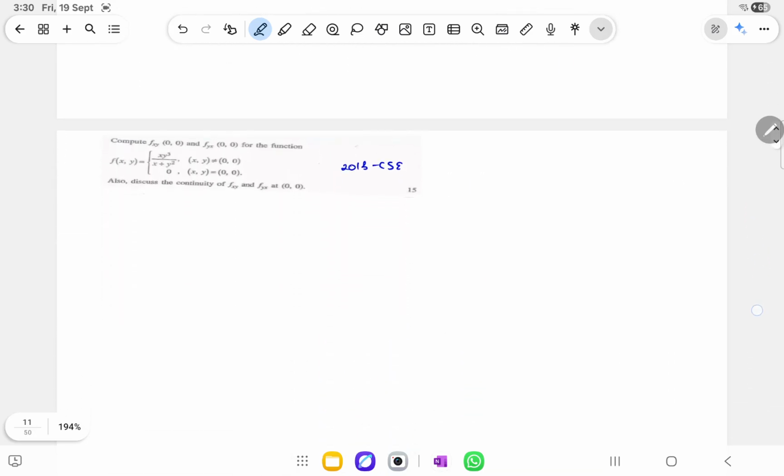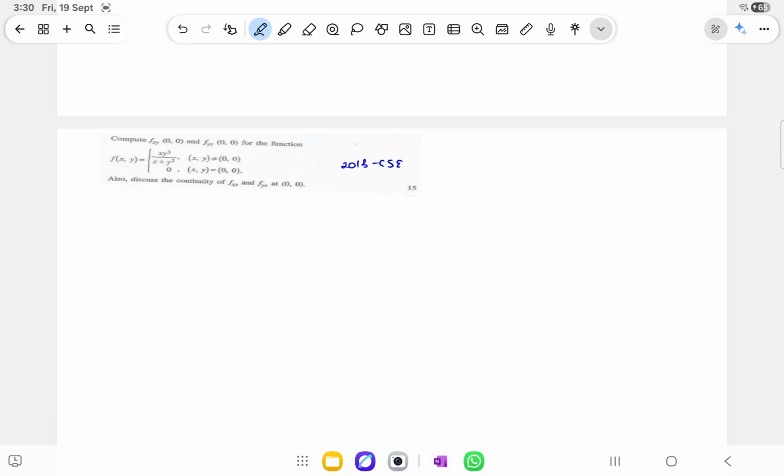So the next question says: compute f_xy at 0 comma 0 and f_yx at 0 comma 0, and further discuss the continuity of f_xy and f_yx at 0 comma 0. So let us do that.